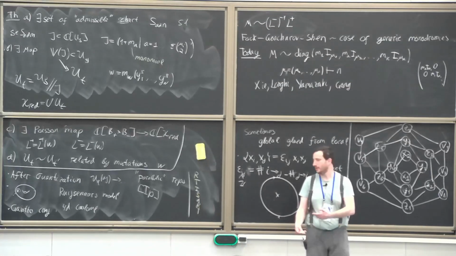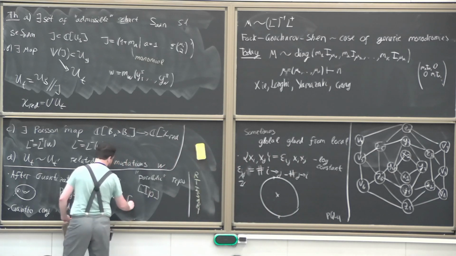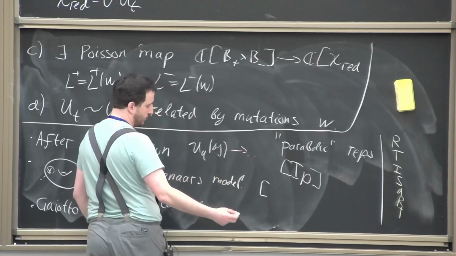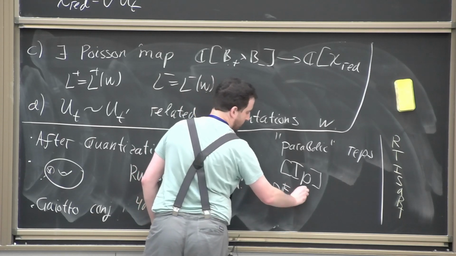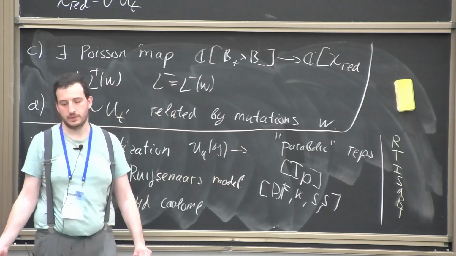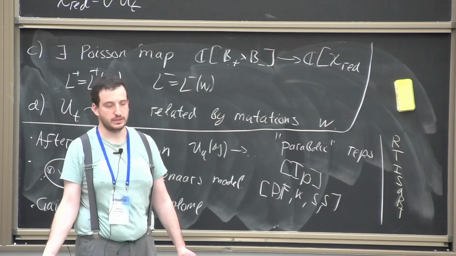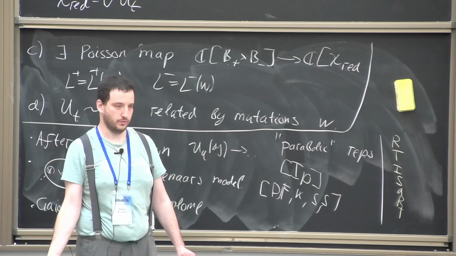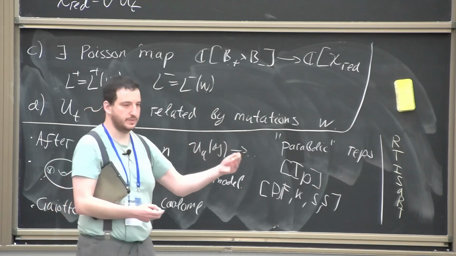So here I gave the example of Ruijsenaars, and since I already started to give names, the cluster structure of Ruijsenaars is by Di Francesco, Kedem, Shapiro, Schrader. Another example would be XXZ spin chains, open or closed ones. They also fit into this example. But this is the spirit of the example.